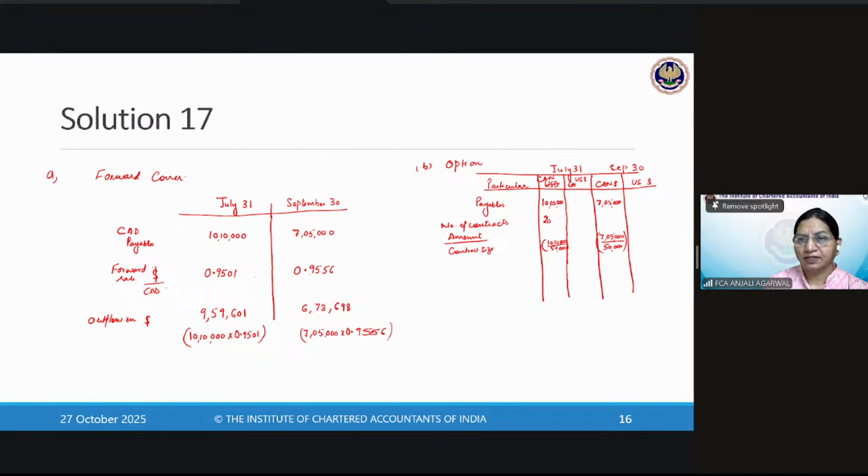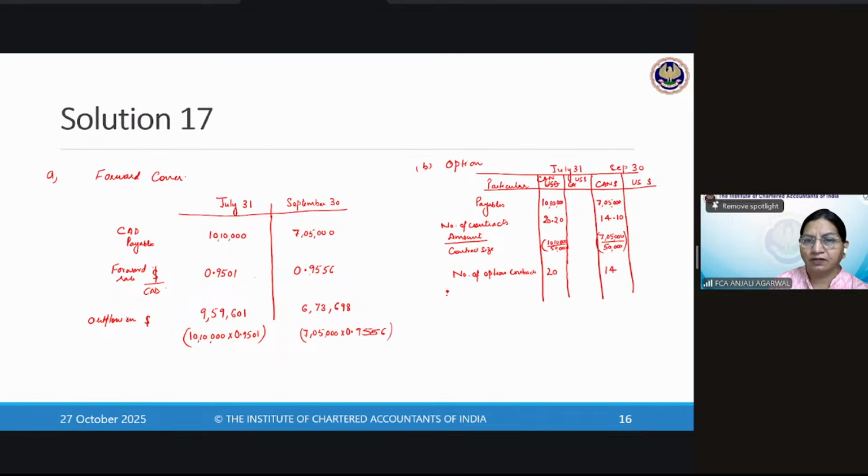This I think we calculated as 20.20, and 7,05,000 divided by 50,000 will give you 14.17. So the number of option contracts taken would be 20 and 14.